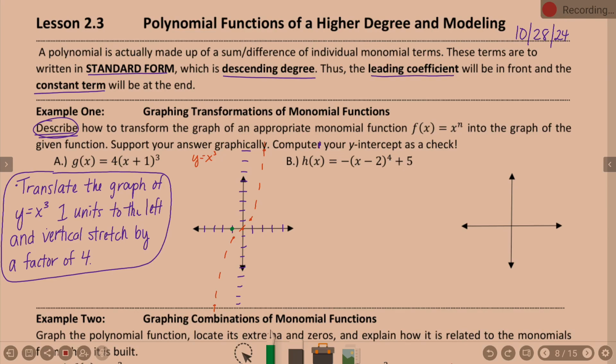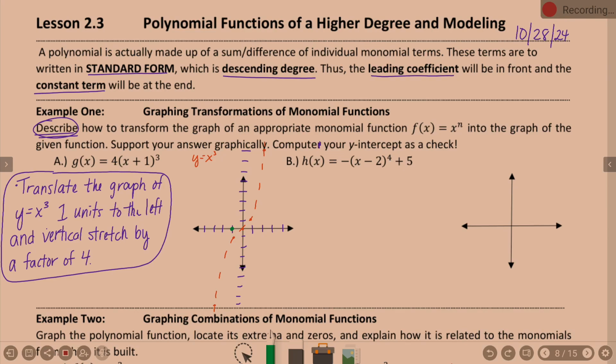What about a vertical stretch by a factor of 4? You would take the y values and multiply them by 4. A vertical stretch, you're multiplying the vertical values, so we're multiplying the y values by a factor of 4. Well, 0, 0 is now negative 1, 0, but when you multiply 0 by 4, you're still going to be at 0, yes?